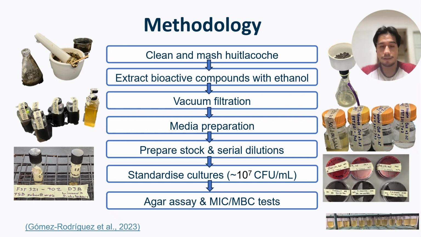Then we created our standard subculture of Listeria and Salmonella around 10 to the power of 7 CFU per ml, using McFarland's standard to calculate this approximate concentration, and then we started our agar assay plating and the MIC-MBC test.